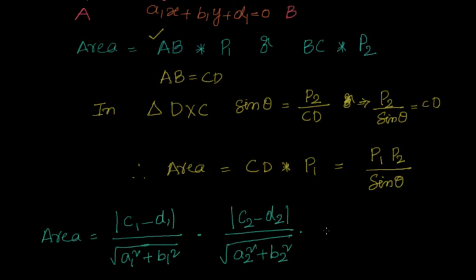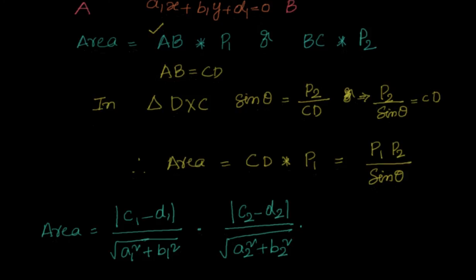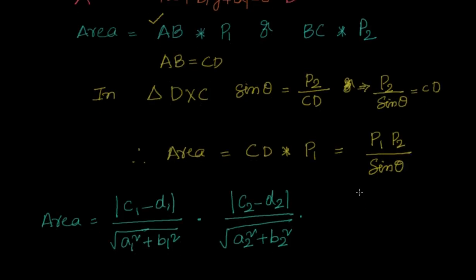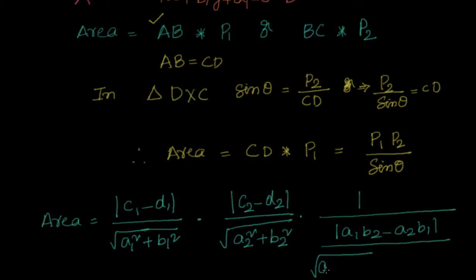I will substitute here the value of sine theta, but I will explain how we got it in just a few minutes. Sine theta is nothing but equal to A1 B2 minus A2 B1 divided by square root of A1 square plus B1 square into square root of A2 square plus B2 square.